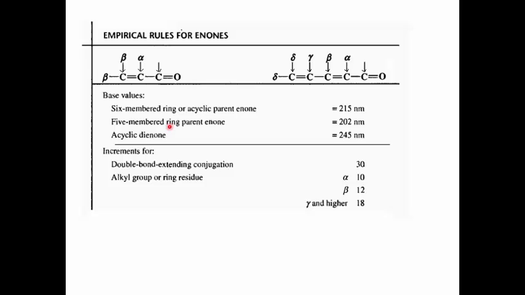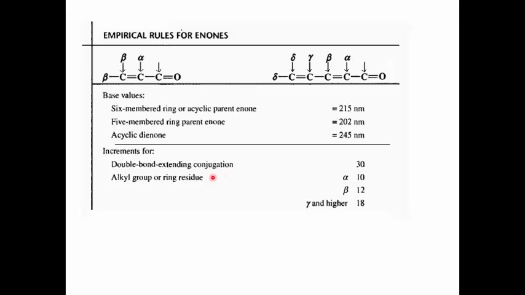An enone that's not part of a ring, an acyclic dienone, our base value is 245 nanometers. Now, as in the case of conjugated dienes, every CC double bond that's added in conjugation, that extends the conjugation, we add 30 nanometer units.